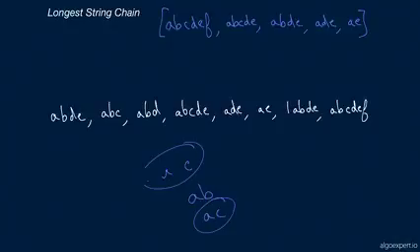Okay? Now, we want to find the longest string chain that we can form from all of these input strings. So this problem, at first glance, is actually very difficult, especially if you haven't done a lot of other problems, because you quickly realize that you're going to need to try removing every single letter from every string to see what happens.